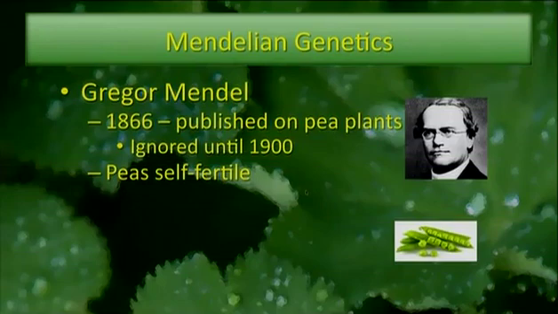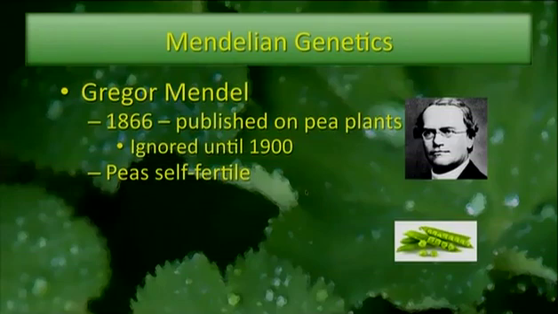So they do self-fertilization, because pea flowers are usually closed, so the anthers just fold down onto the stigma. Generally pea plants are self-fertile. They do selfing, which is a horticultural term for putting the pollen from one flower on the stigma of the same flower. So peas are self-fertile.